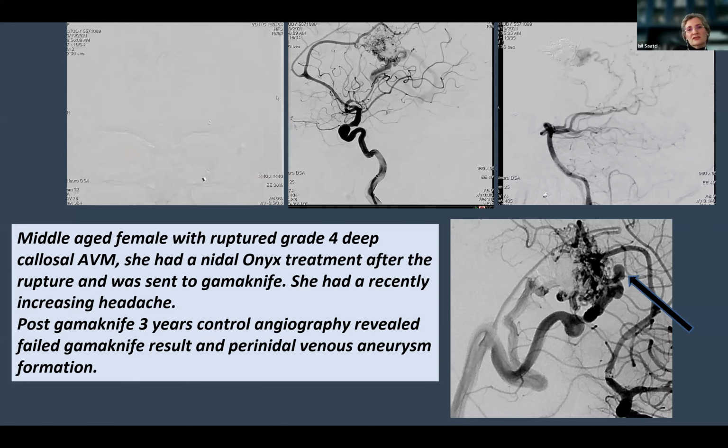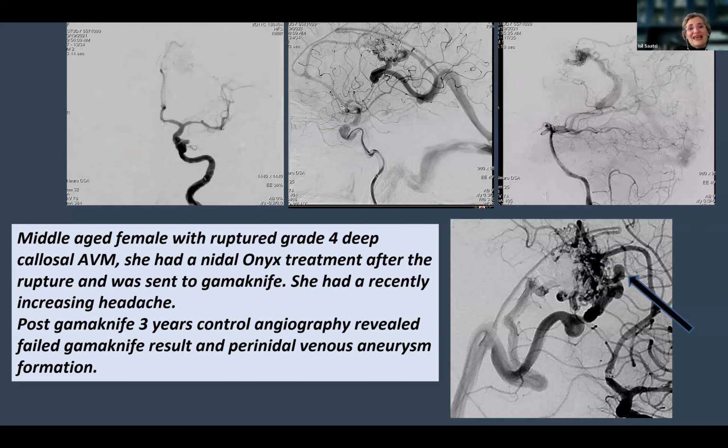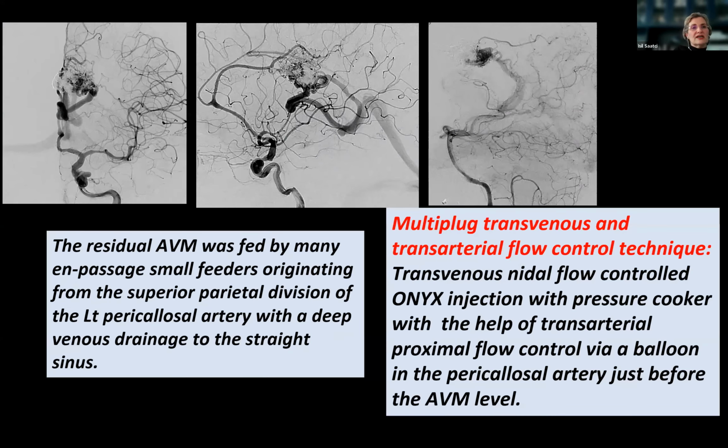So the patient definitely needed treatment, and we decided to treat by the transvenous way, because there are unpassable vessels from the pericallosal artery, which also goes to normal parenchyma distally.